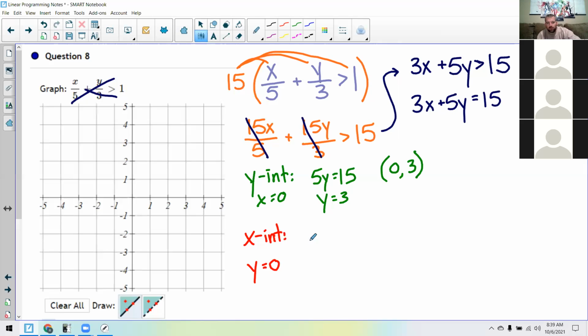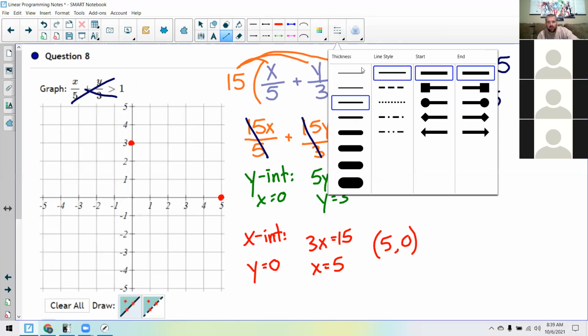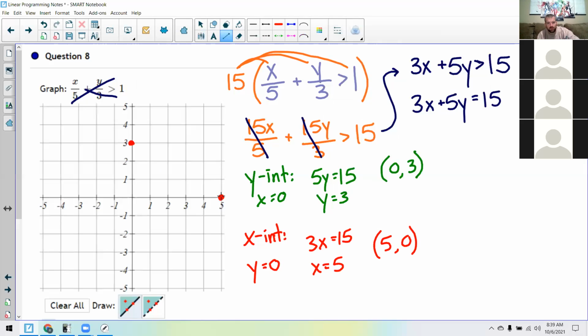So this is 0, so I get 3x equals 15. So x equals 5. So I get 5, 0. So I'm going to connect 5, 0 right there to 0, 3. These will be connected with a dotted line because it's just greater than.